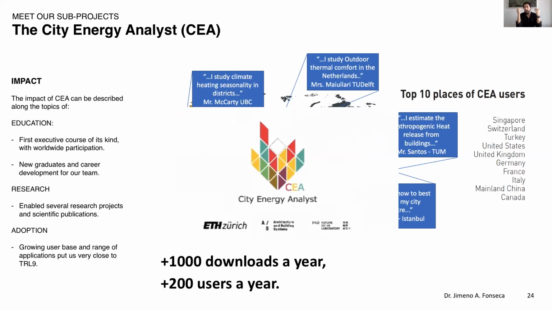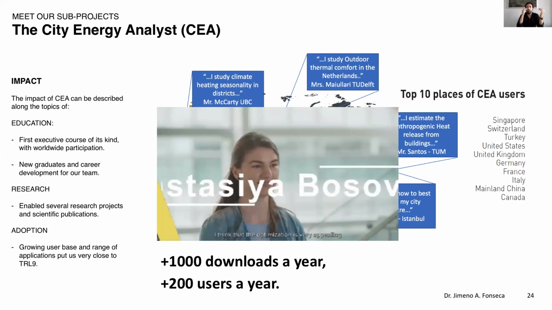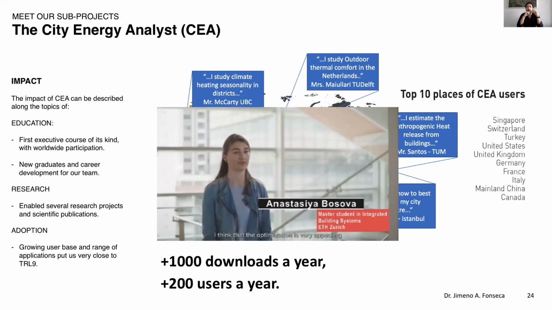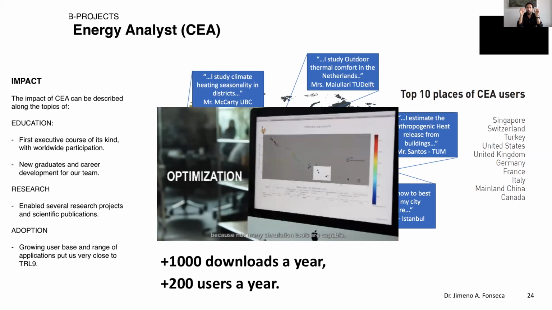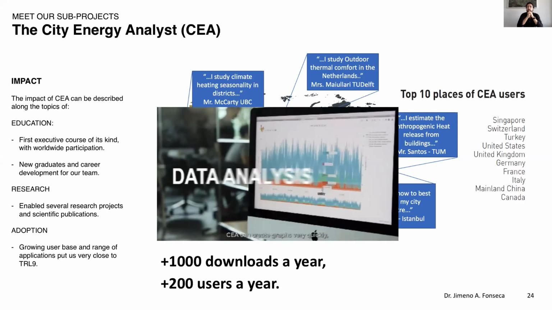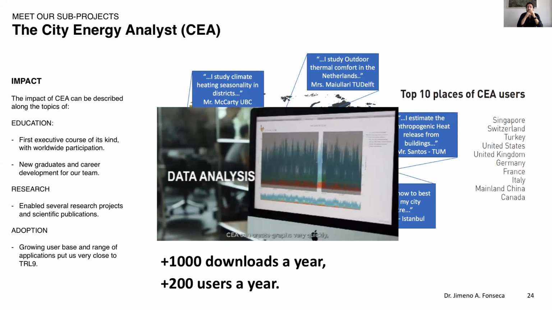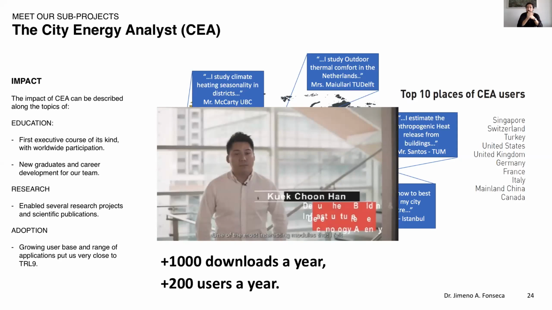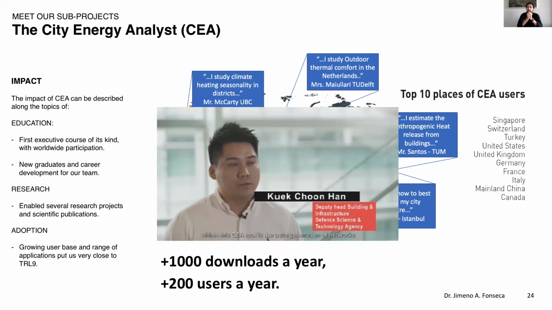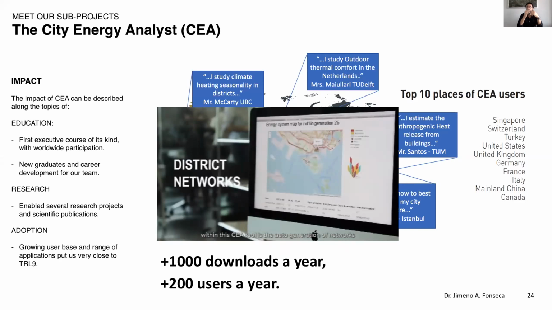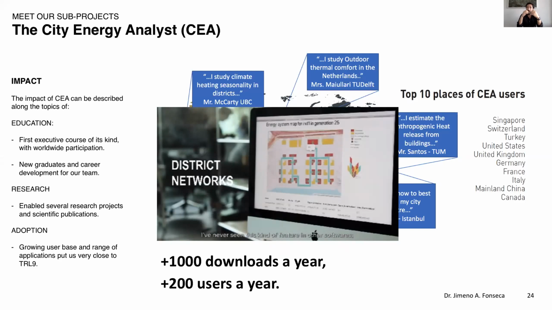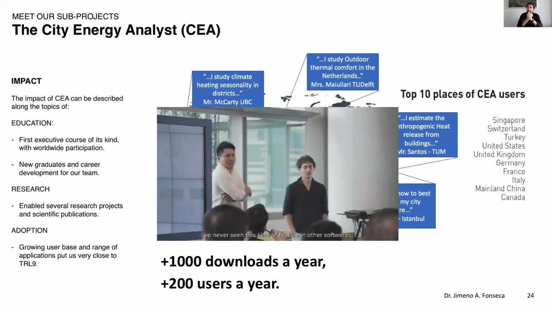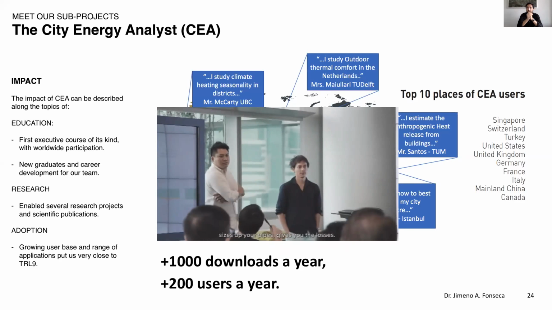But also, I have to say that it is not possible without thinking about our main types of users, like students who are looking at how to use this stochastic optimization and data analysis capabilities to better understand the impact of technology in cities. We also have practitioners, for example, in Singapore, who are very interested in using the tools for creating thermal and hydraulic networks, something very practical that they use for the camps.